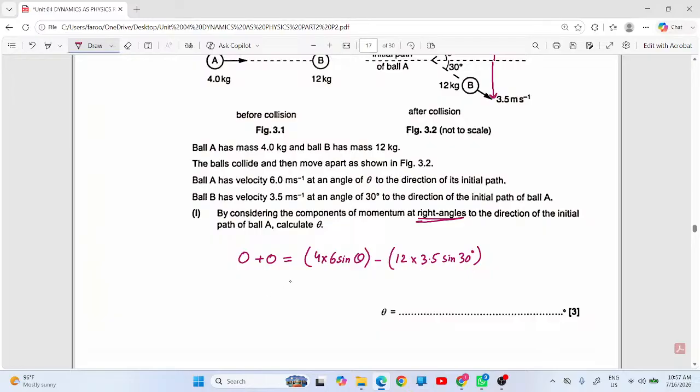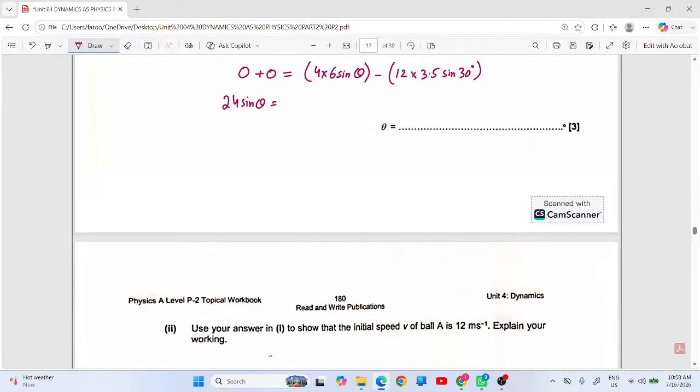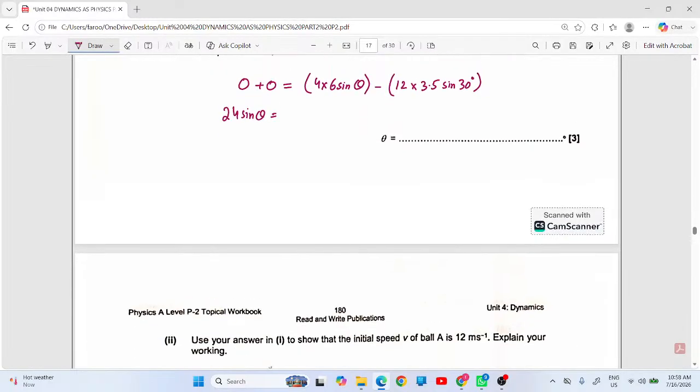So 24 sin theta equals 12 into 0.5 into sin 30. Multiply by 12 now, 21.